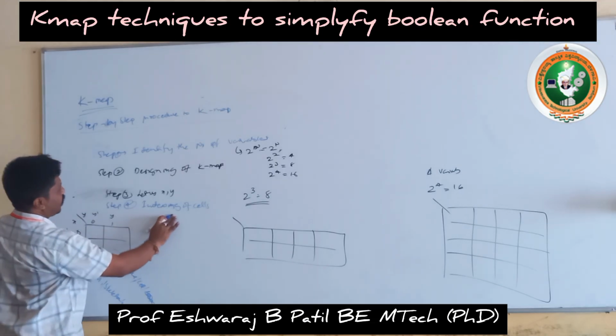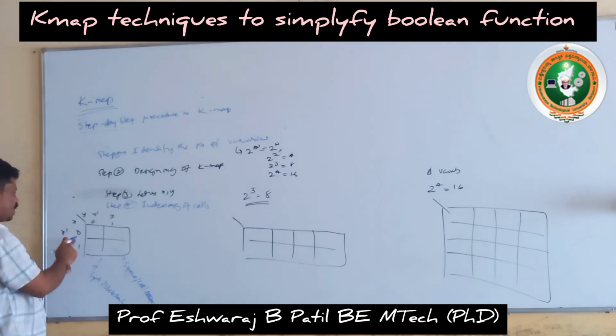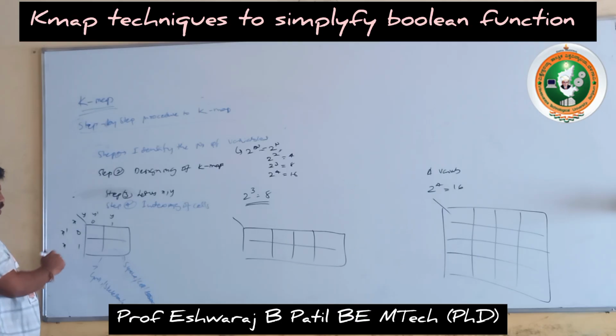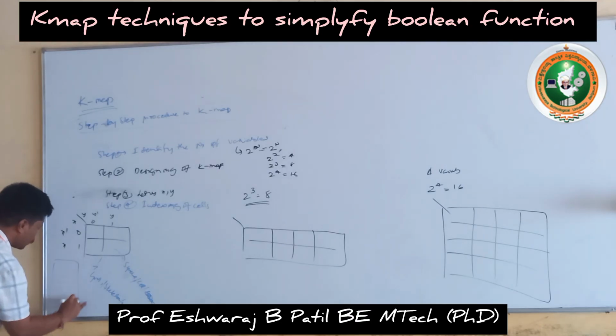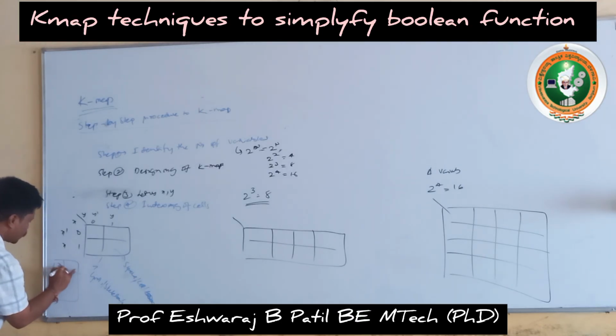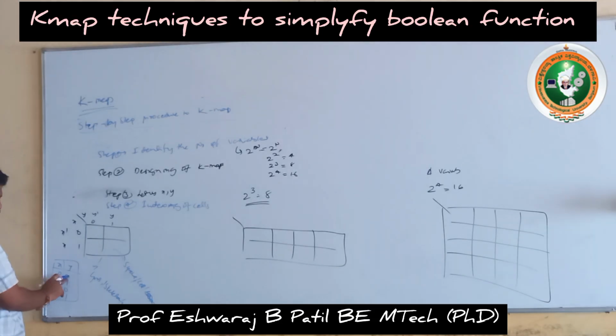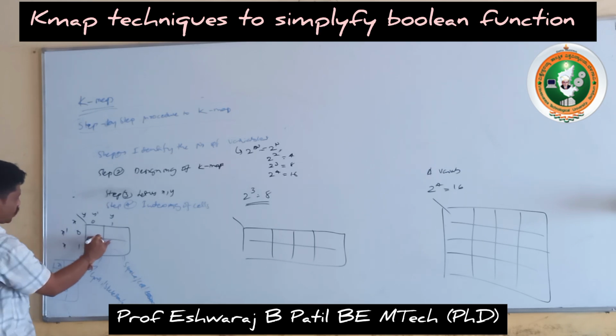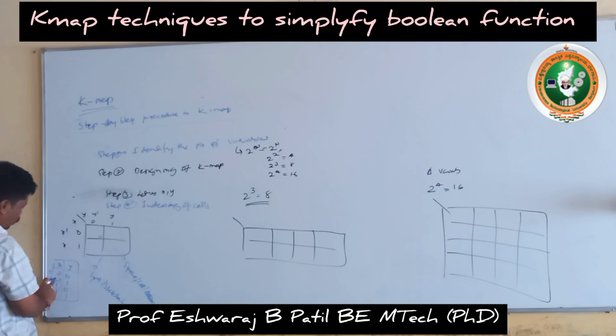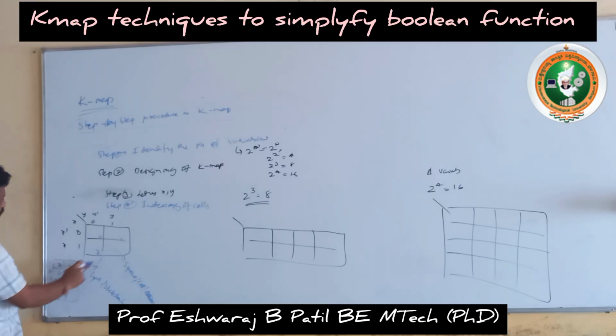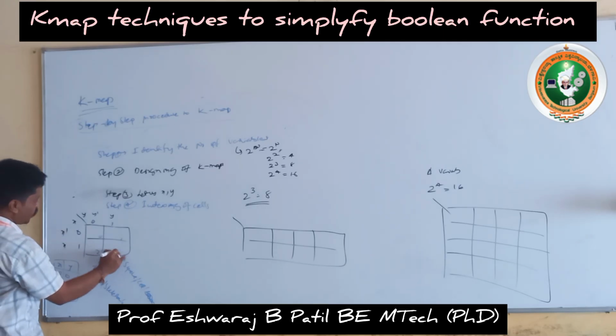Okay, next is indexing of the cells, based on multiplying the row with the column. You can also draw this as x y: 0 0, 0 1, 1 0, 1 1. 0 0 has decimal equivalent 0, 0 1 is 1, 1 0 is 2, and 1 1 is 3.